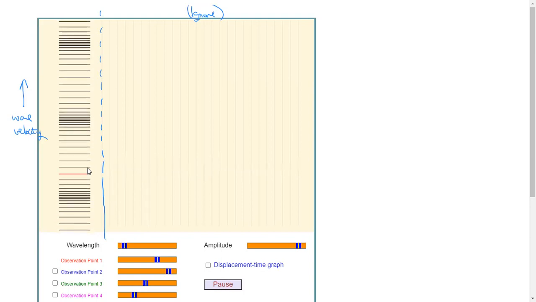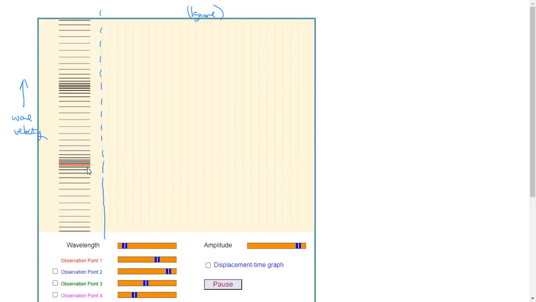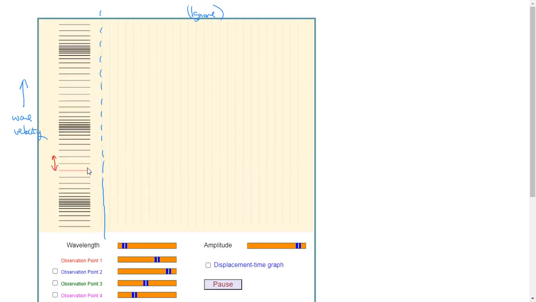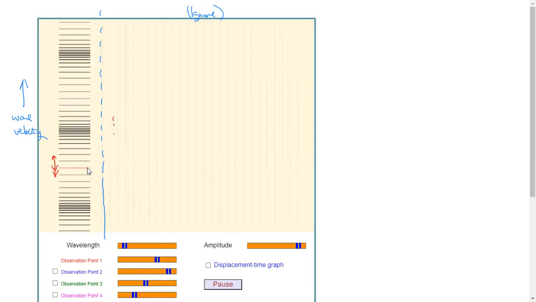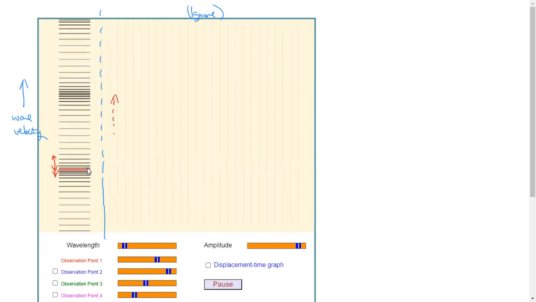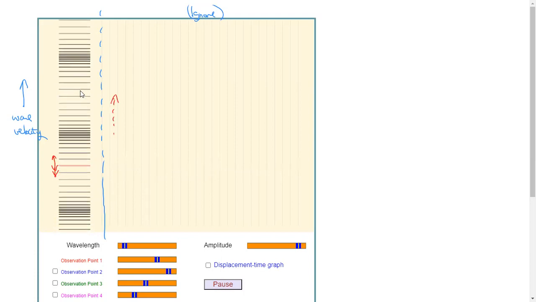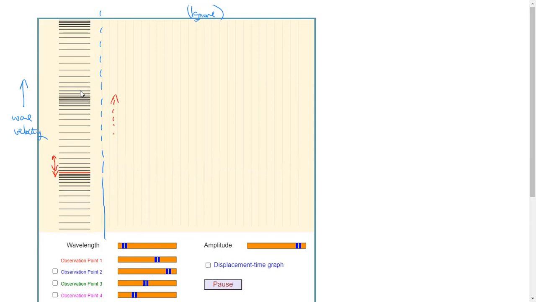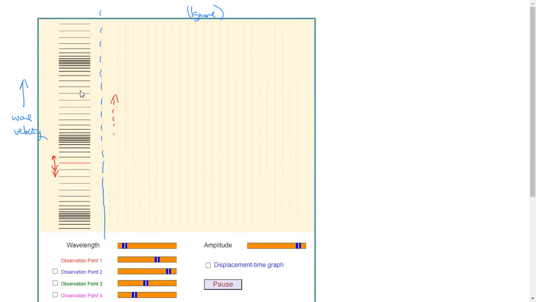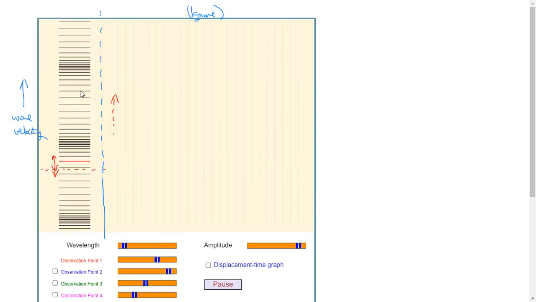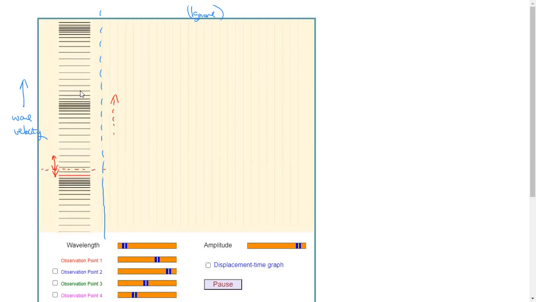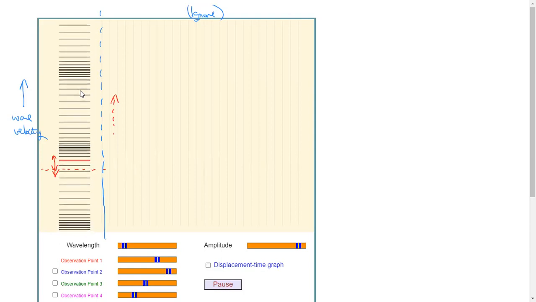So this red one does appear to be moving up or down a bit, but is it flowing with the wave? Is it going further up and up and up? No, just a little bit. It's just staying around here, right? It's going up and down, but it's staying around the same sort of spot.